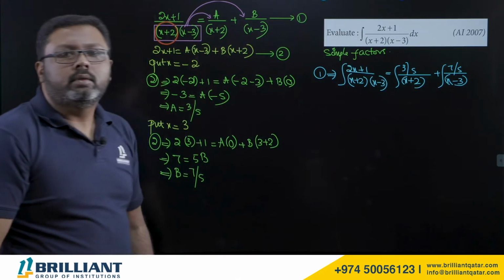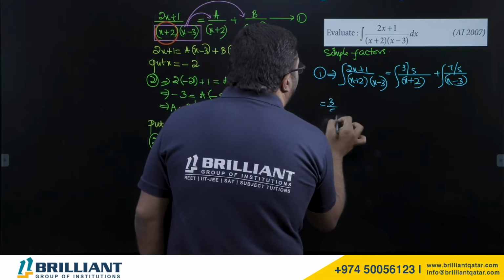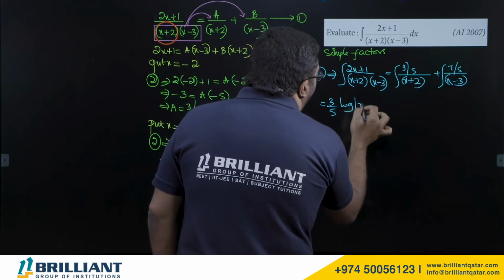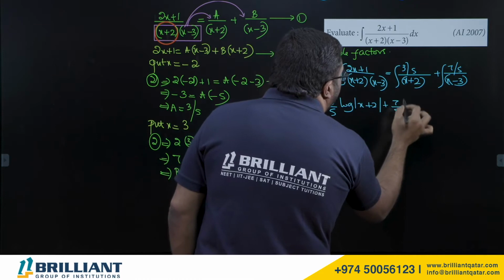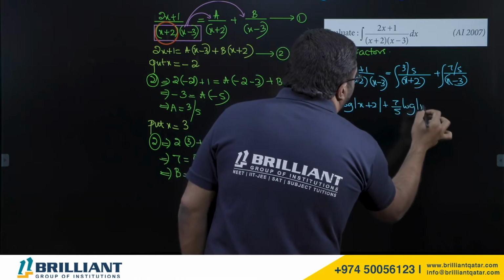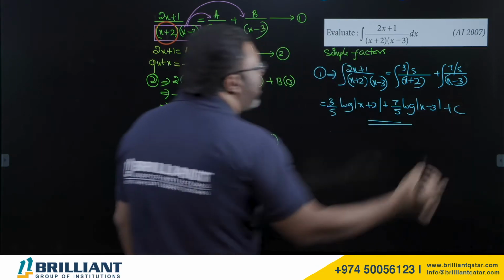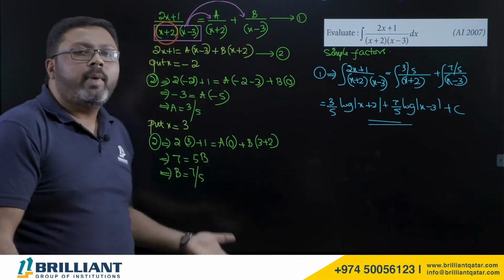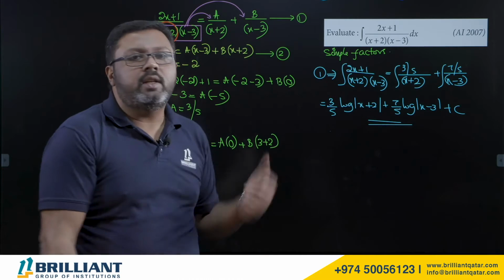So the answer is going to be 3 by 5, and what is the integral of 1 by x plus 2? Log mod x plus 2. Plus 7 by 5 log mod x minus 3 plus c. Very easy. So everything is dependent on the partial fraction. Once partial fraction is done, very easy integration.